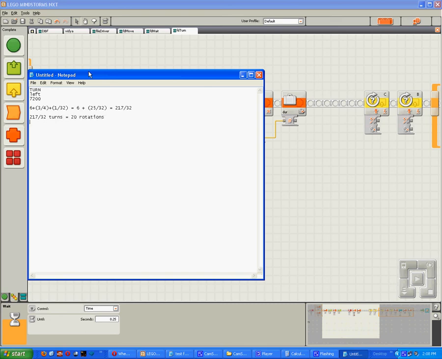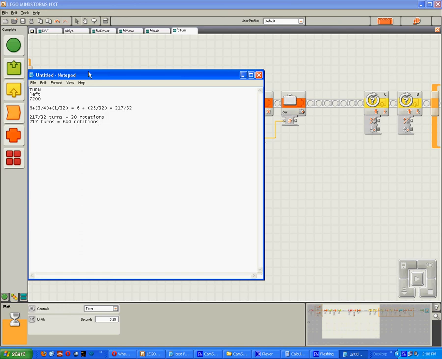Now, all I have to do is solve this ratio to figure out how many rotations equals one turn. So to do that, I multiply both sides by 32, and I get 217 turns equals 640 rotations. So if I really, really wanted to, I could put in 640 rotations, and this thing would turn around 217 times exactly.